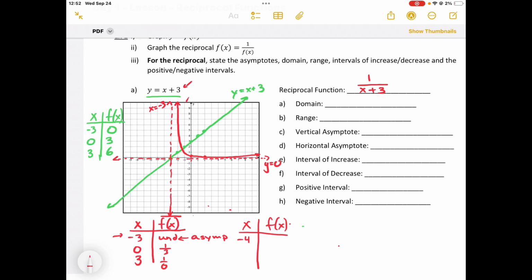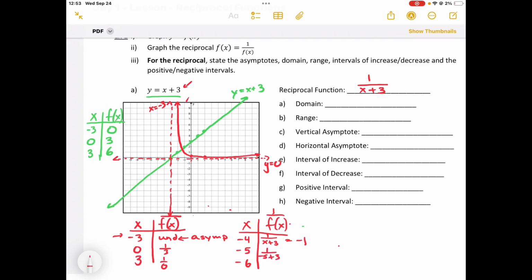So I'm going to take a look at minus 4, minus 5, and minus 6. I know that when I substitute into 1 over x plus 3, 1 over x plus 3 is going to give me 1 over minus 1, which is minus 1. 1 over minus 5 plus 3.